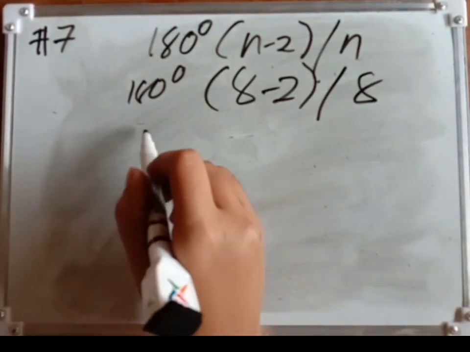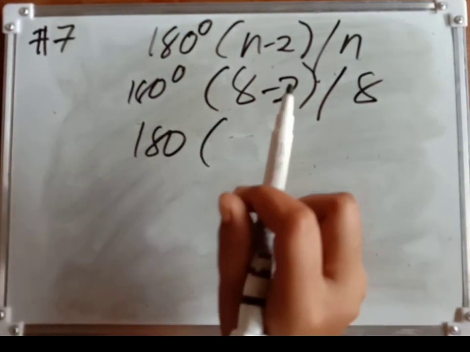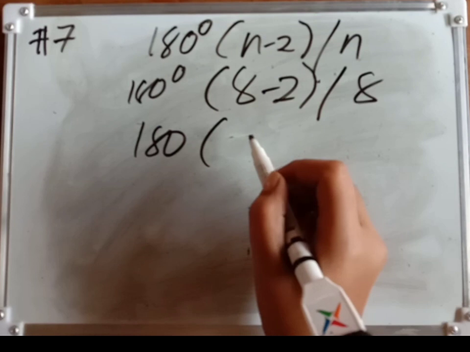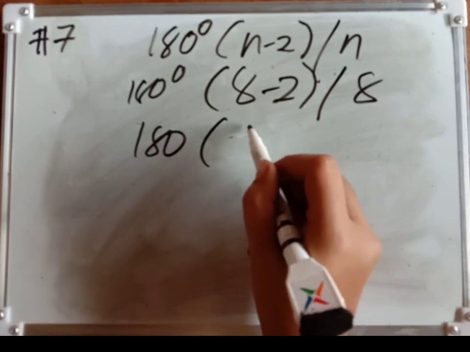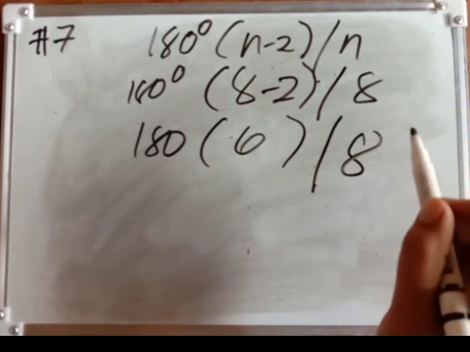So, 180 degrees, 8 minus 2 is equal to 6, divided by 8.